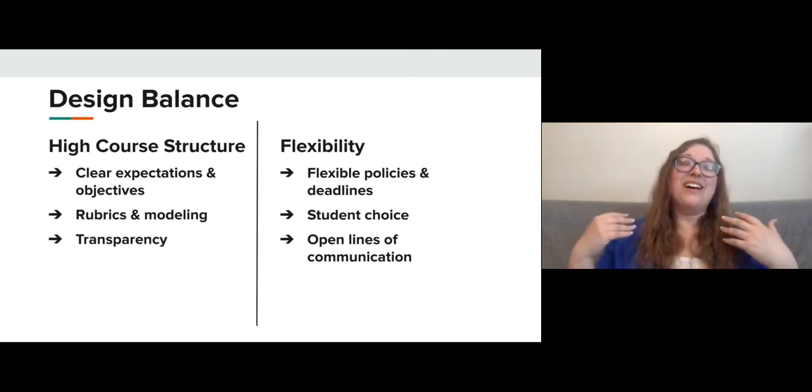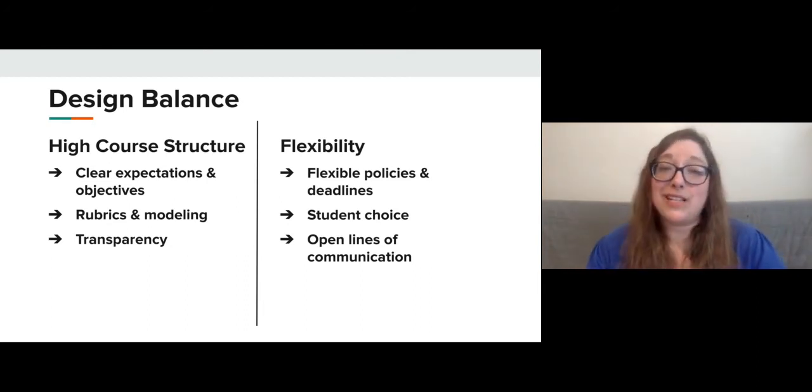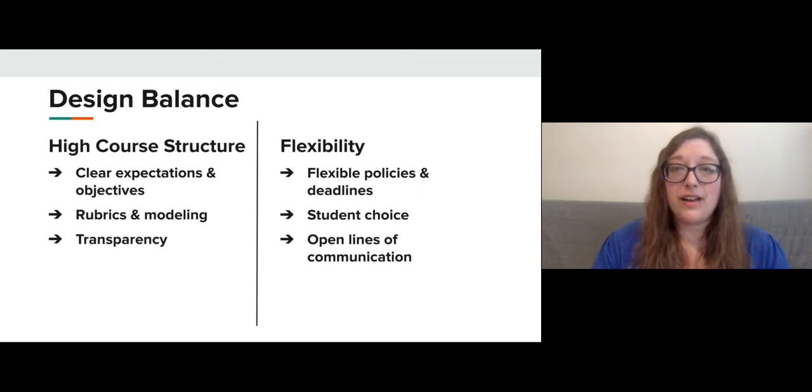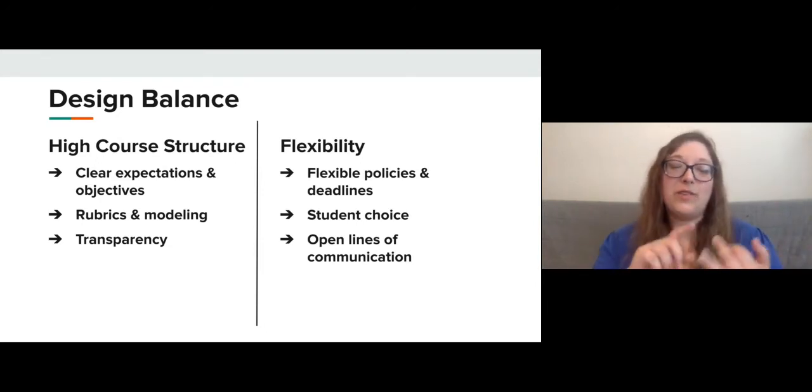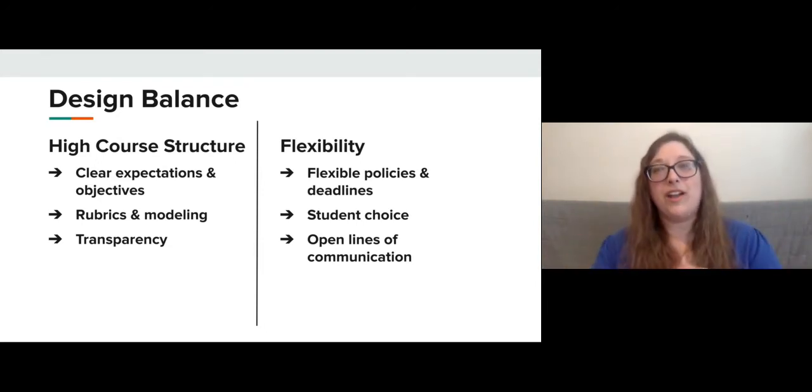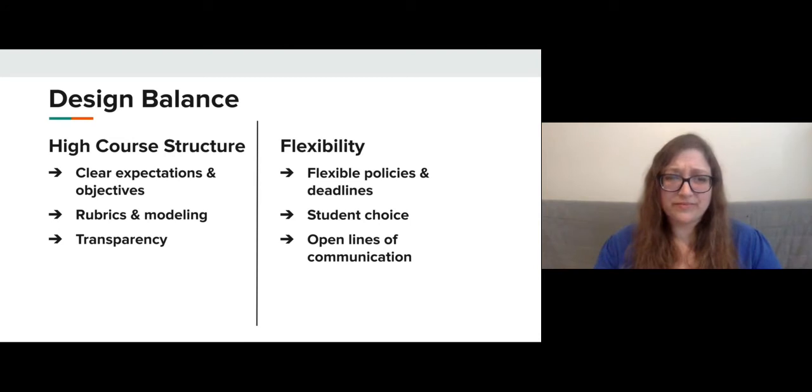And when it comes to assessments, think about rubrics and modeling. How can we model for our students what it is that they're supposed to be doing, rather than leaving it to them to decide what they think is an argumentative essay? Explain to them the different elements of that and why they're there and how to achieve them.